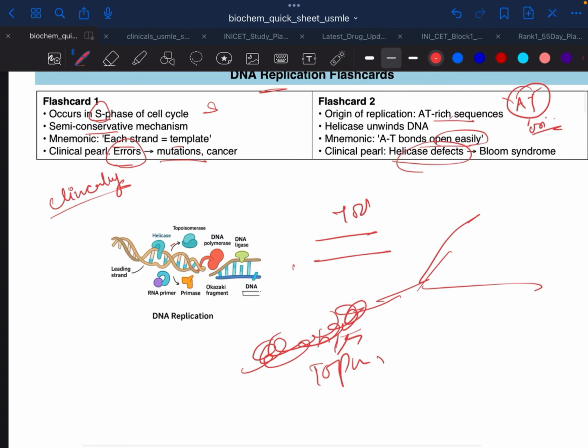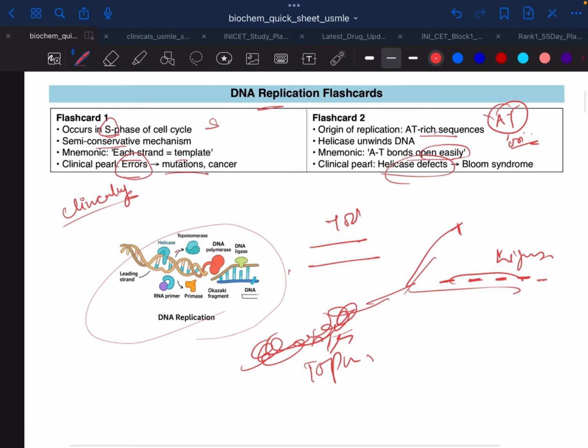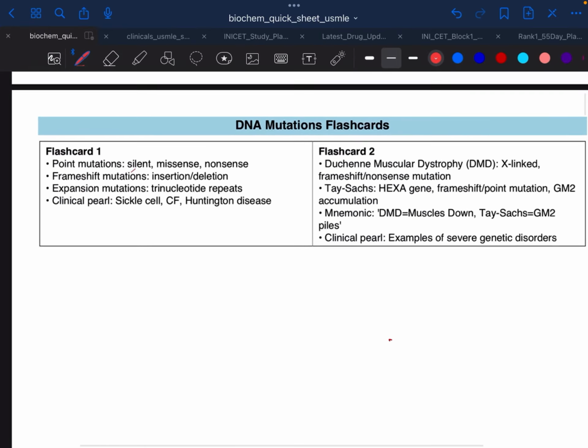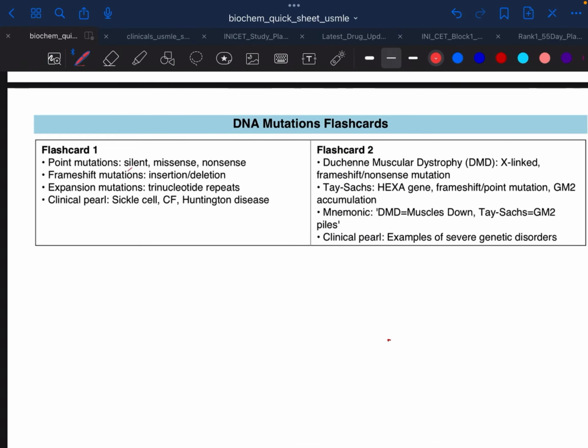Next, helicase we know opens, and ligase joins the Okazaki fragments. The lagging strand is joined by DNA ligase.